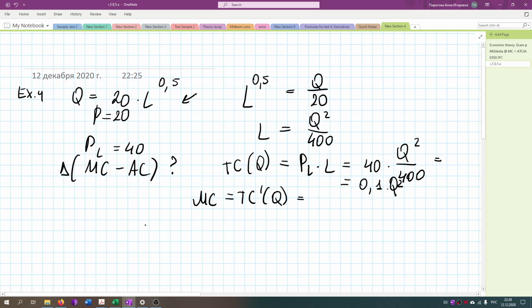So in our case, it will be 0.1 multiplied by 2 multiplied by Q in the power of 1. So it will be 0.2Q.